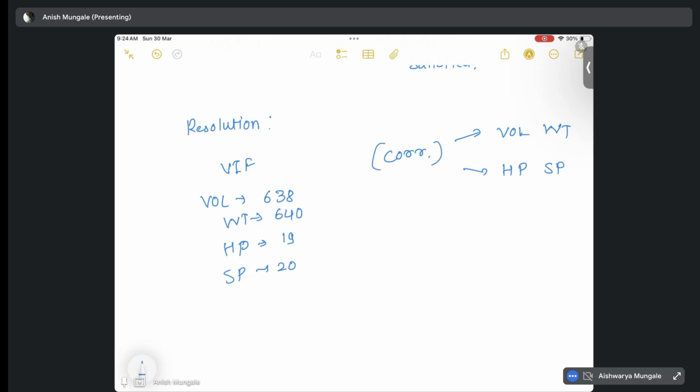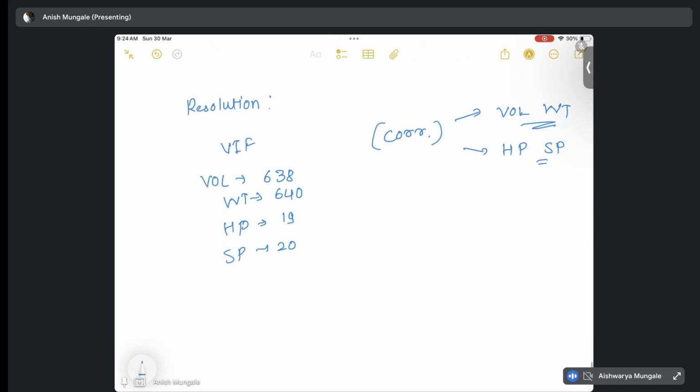Let's assume that we found this after plotting and finding the correlations. Once we do that, we will build the models only with these parameters: volume and horsepower, volume and speed.